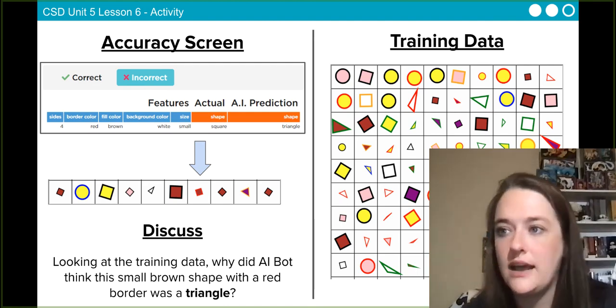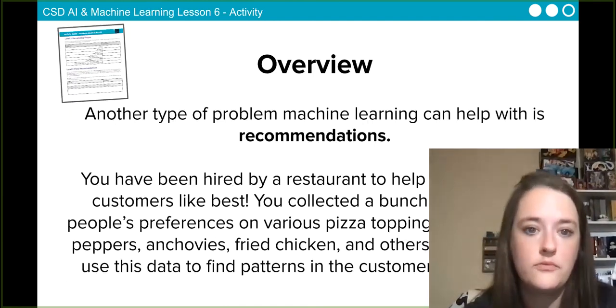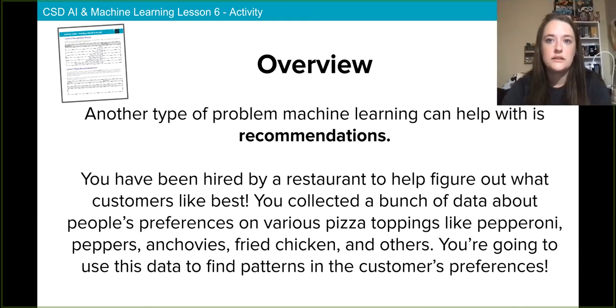So let's look at the next part. This is a new problem for us. We are going to be creating recommendations based on user survey data. Y'all have been hired by a pizza restaurant to help figure out what customers like best based on the toppings they pick.